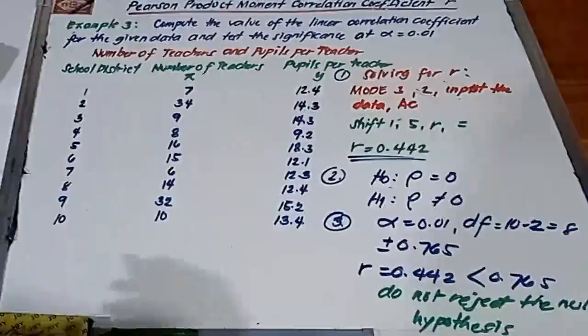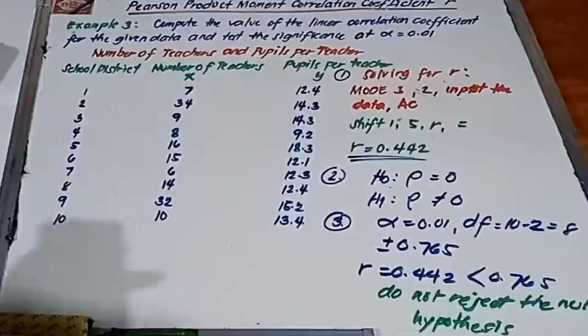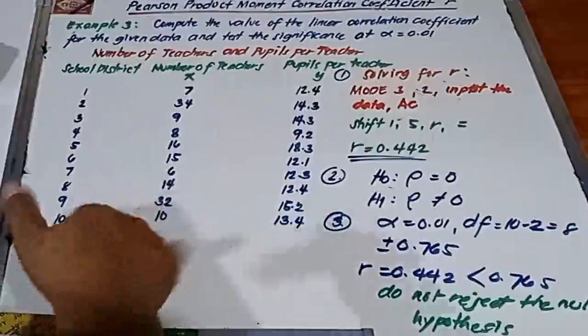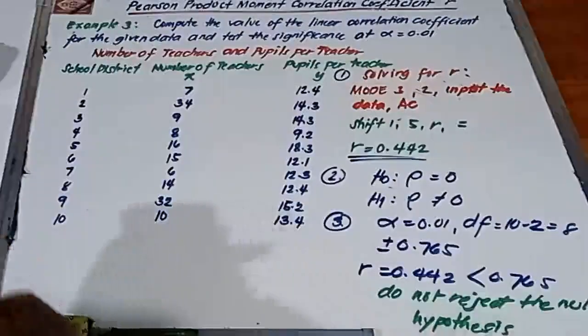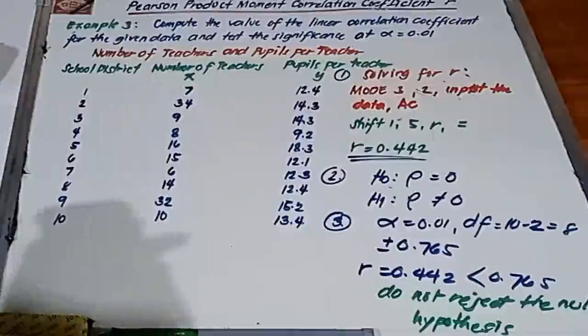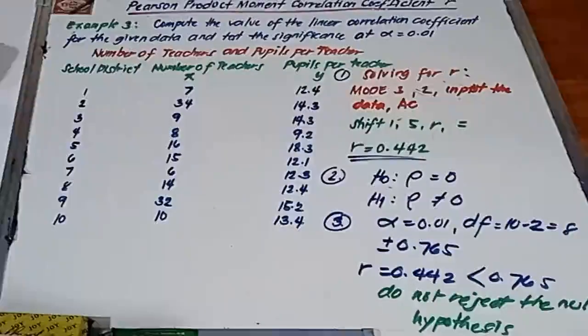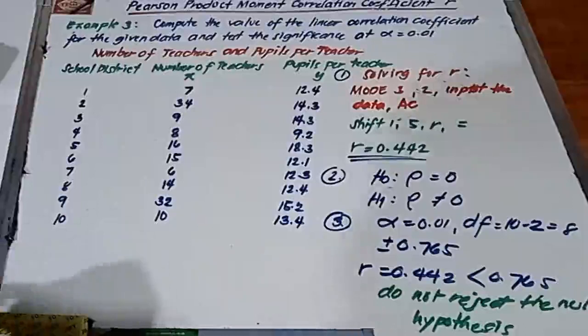Okay? So what is our conclusion? There is no significant relationship yung number of teachers dun sa ating ratio of pupils per teacher natin. Okay? There is not enough evidence to say that there is a significant relationship between the two variables. Okay? So isulat natin.